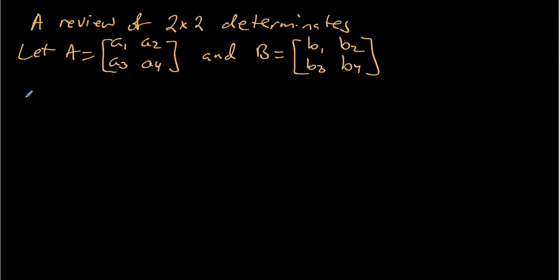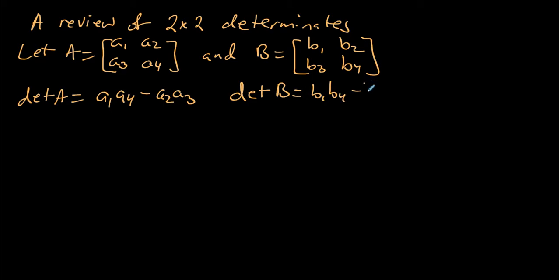Now, the definition of determinant for 2 by 2 determinants says that the determinant of A is going to be the product of the main diagonal minus the product of the other diagonal. And so the determinant of A is going to be A1 times A4 minus A2 times A3. Likewise, the determinant of B is going to be B1 times B4 minus B2 times B3.